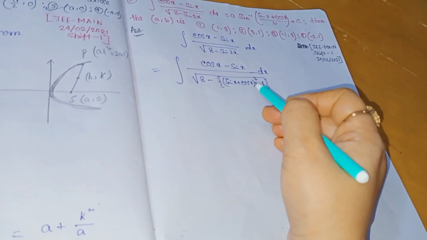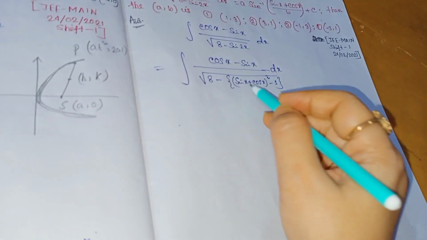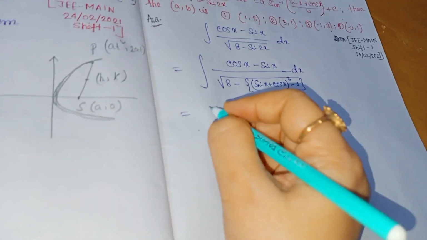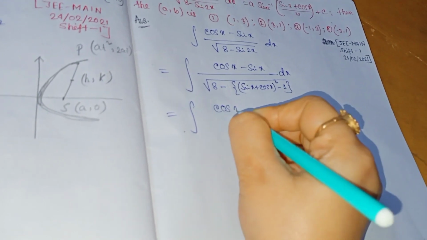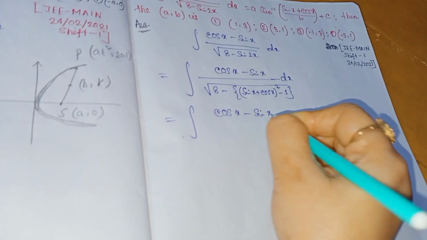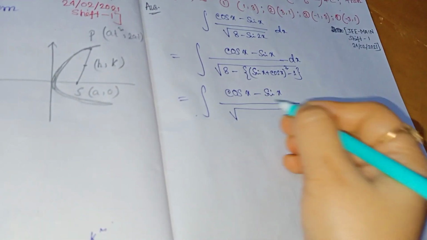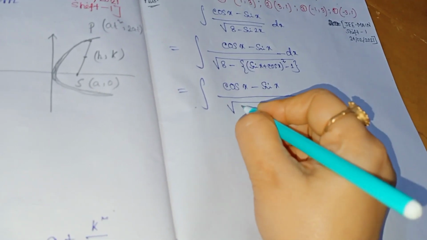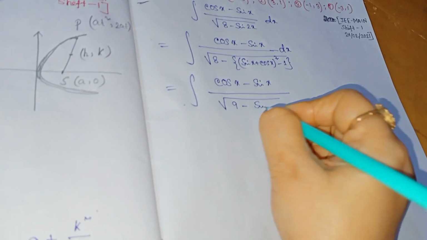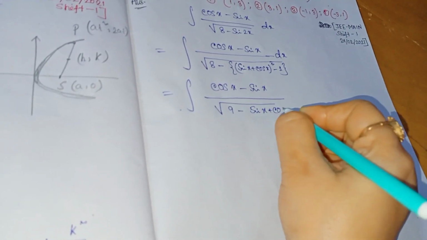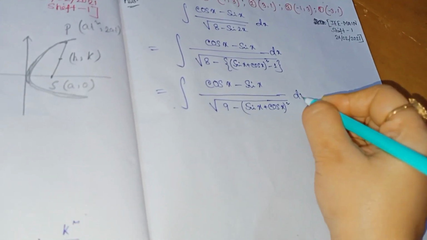2 sin x cos x means sin 2x, so we may write sin 2x is equal to this. So now the numerator is cos x minus sin x, divided by the denominator, root over 9 minus sin x plus cos x whole squared, dx.